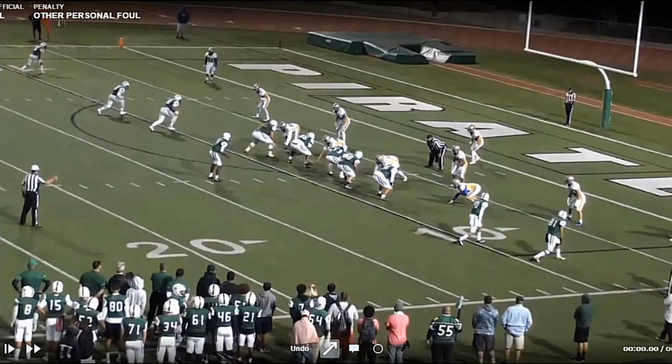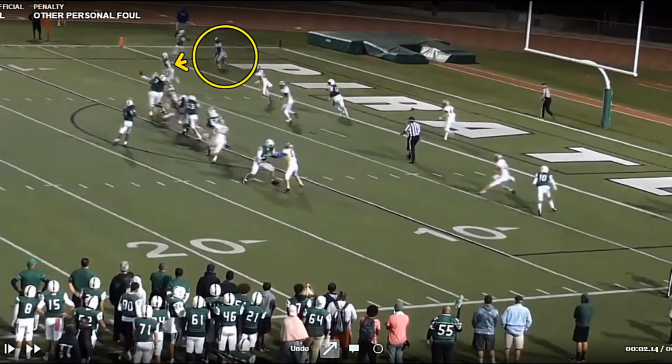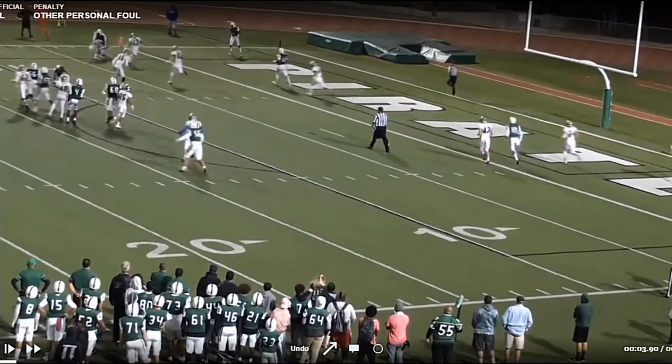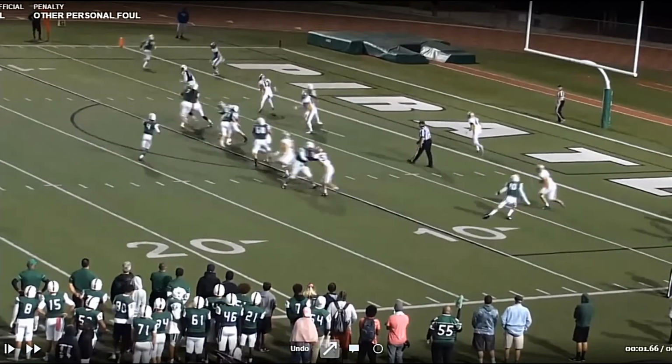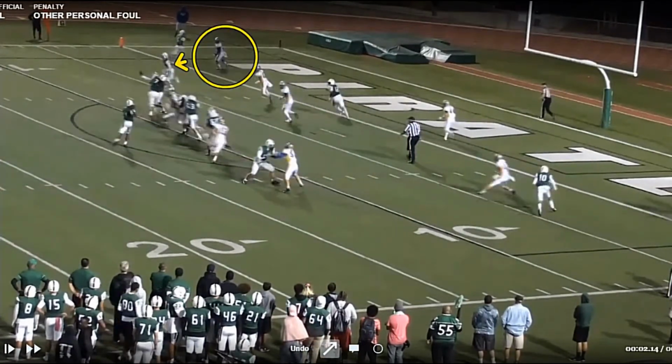All right, here's a play that involves a personal foul for either spearing or excessive contact. This sure looks like spearing to me, but I'll let you be the judge. This isn't the best angle, but watch this in real time. Okay, keep your eye on that receiver. Now, if we rule this a spear, it doesn't matter whether this receiver is defenseless or not. In my estimation, he is definitely defenseless.